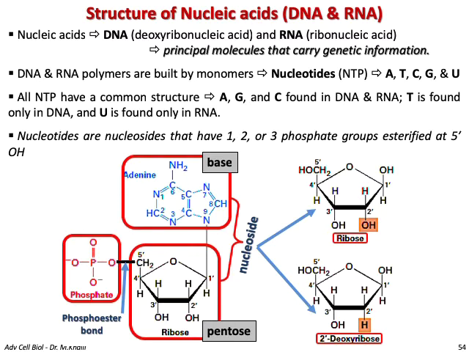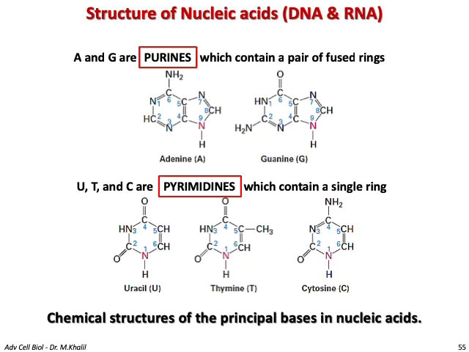The sugar is either ribose or deoxyribose, with a deoxygenated position on the 2' carbon. There are 5 types of nucleotides: 2 of them are purines and 3 of them are pyrimidines. You don't need to study the chemical structure of these nucleotides.